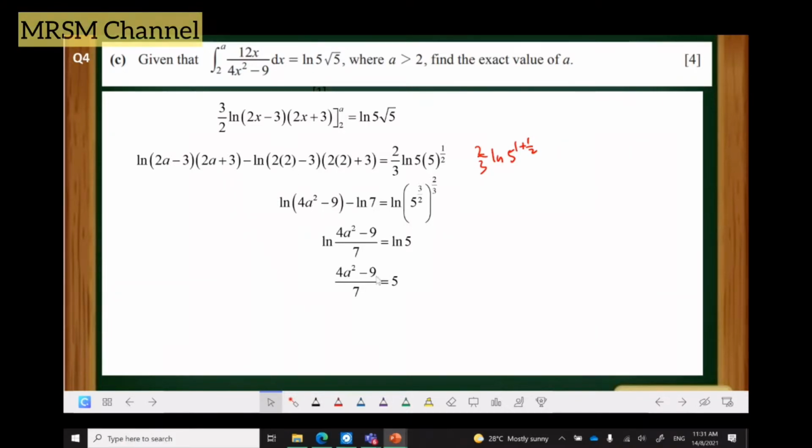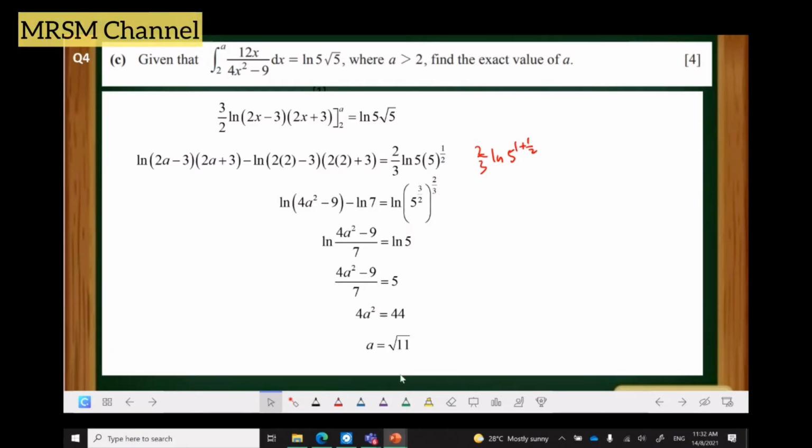Okay, so after this step, algebra je yang ni. 7 times dengan 5, 35 plus 9, okay, you will get 44. So 4a squared is 44, so a squared is equal to 11. So a is root 11. Supposedly you have plus minus root 11, tapi a must be greater than 2.